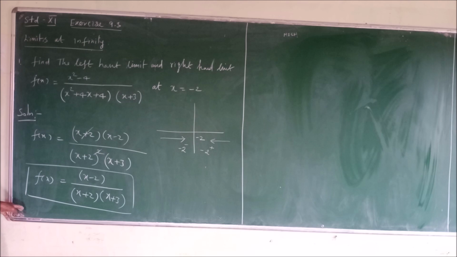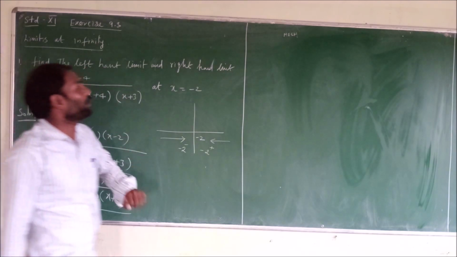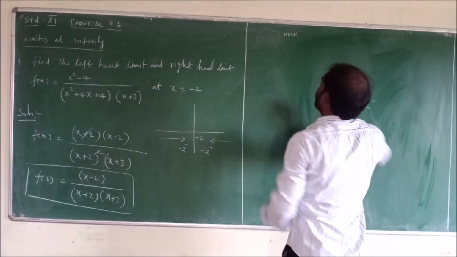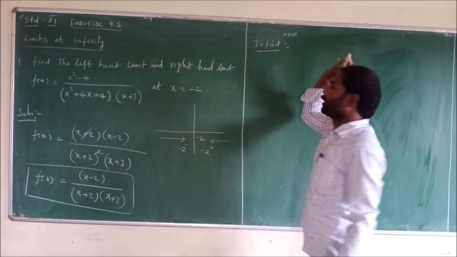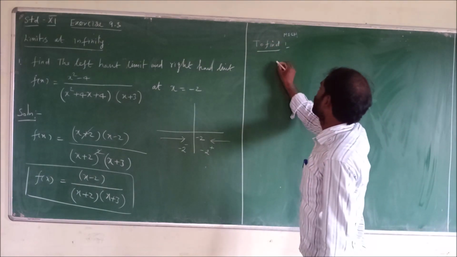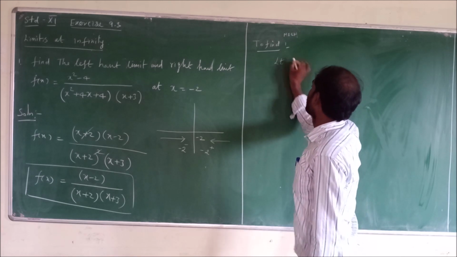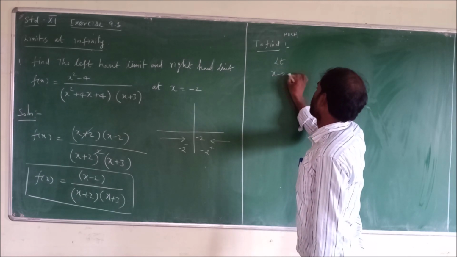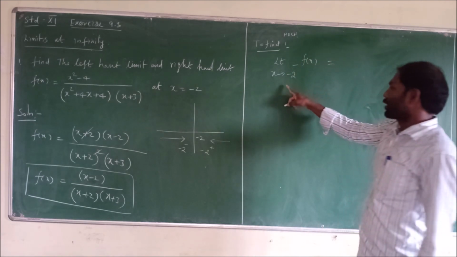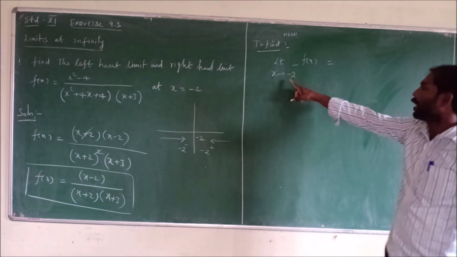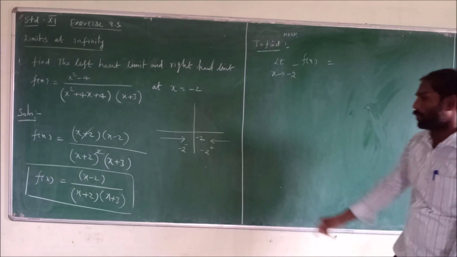After that we have to find the left hand limit of f of x and the right hand limit of f of x. To find the left hand limit, the limit as x tends to minus 2 power minus of f of x, it is called the left hand limit as x approaches minus 2.